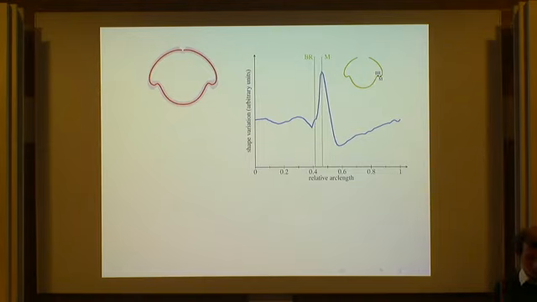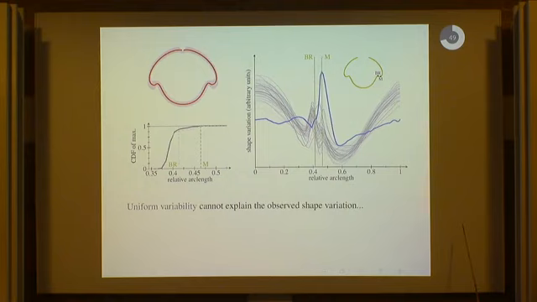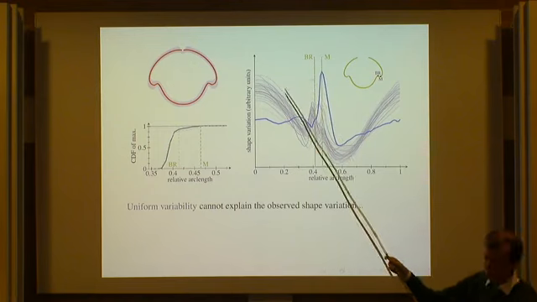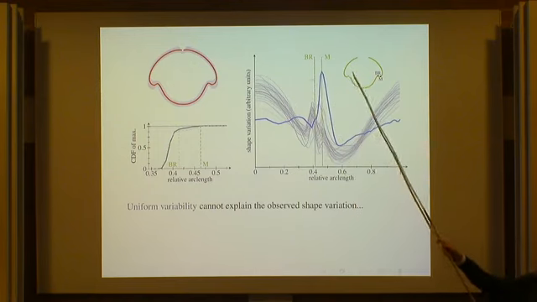How does this variability arise? Well, in the simplest scenario, it might just be that all of the parameters describing the cell shape changes have some sort of a uniform variability, which results in this nonlinear shape variation. Actually, if you run lots of instances of this, you overestimate the variability at the anterior pole or the posterior pole, but mostly you don't get this peak.